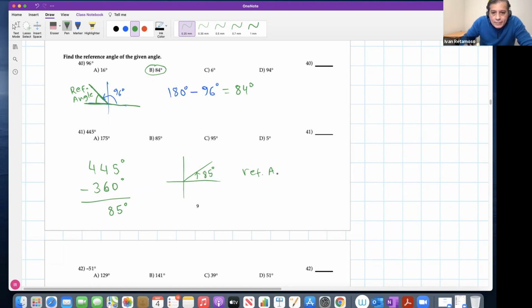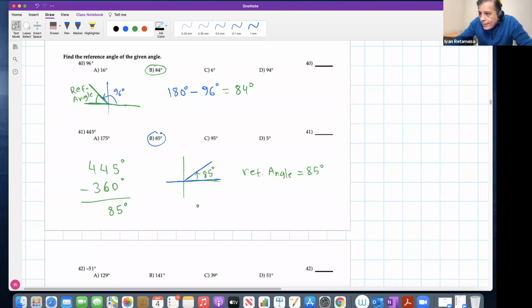So the reference angle is itself. You follow, guys? The definition of reference angle is the acute angle formed by the terminal side and the x-axis. So whenever your angle exceeds 360, immediately subtract 360 and work with that, whatever it is. That tells you this is the reference angle.